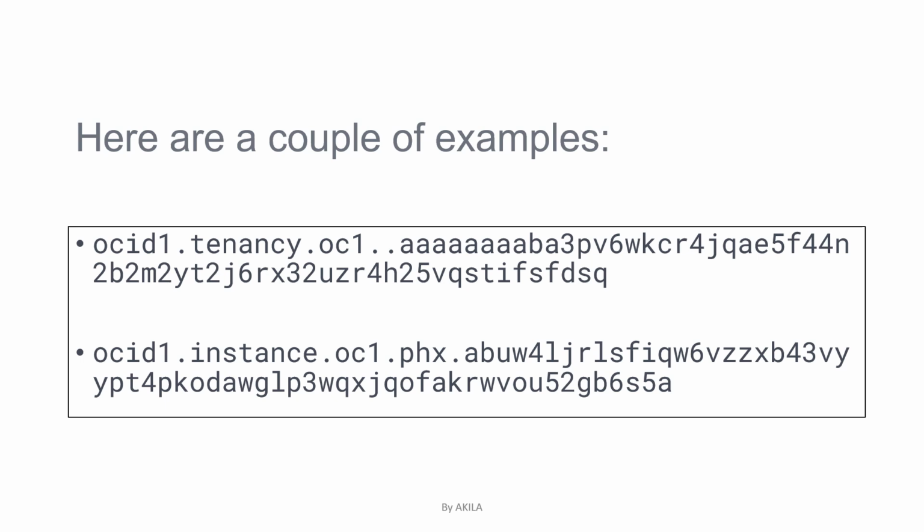OCID1 dot tenancy is the name of the resource, and then OC1 is the realm, and then the region number is 1 here, and then the remaining things, whatever we have seen in the resource type, everything will be updated here. So this way only we can provide our OCI computing instances in the next phase.